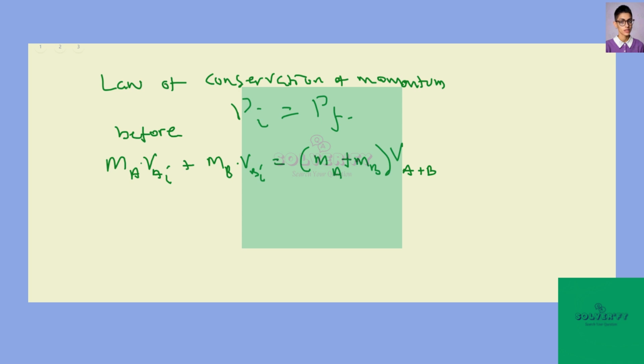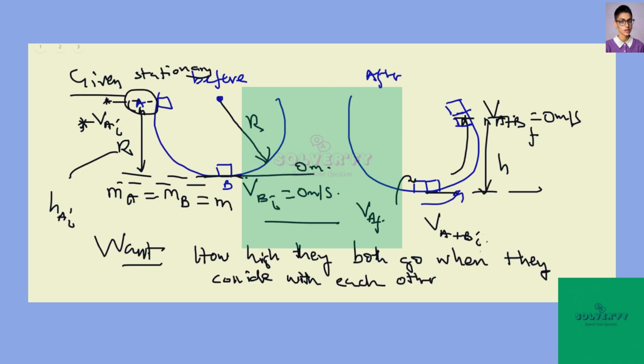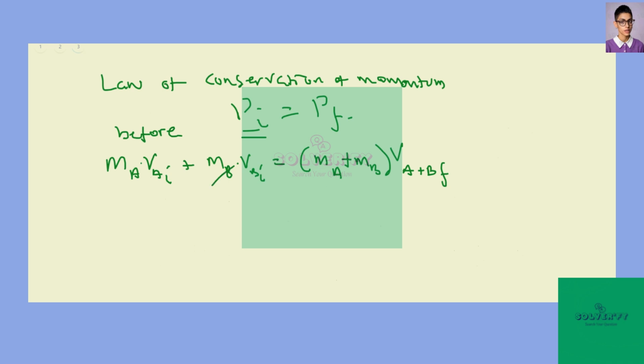So we have the initial momentum of the system has to be the final momentum. So just before and after they collide, they stick together, and this will give us the final velocity of A and B when they combine together. And so remember, the initial velocity of B is 0. So this part is going to be 0.